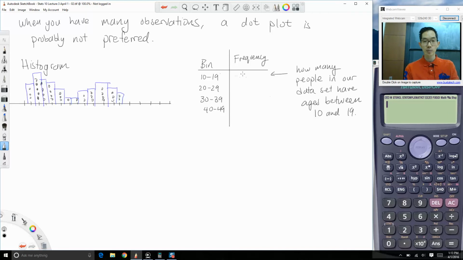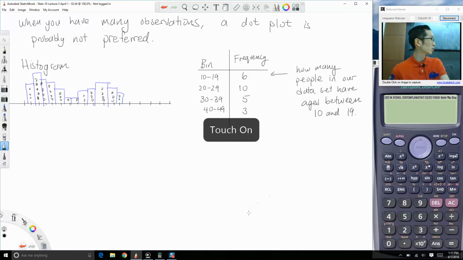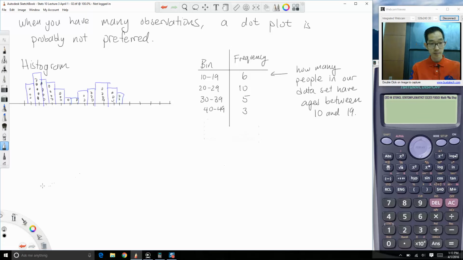Okay, and so maybe we count 6 people between 10 and 19. And we count 10 people between 20 and 29, and 5 people between 30 and 39, and 3 people between 40 and 49. What did I say? Okay.